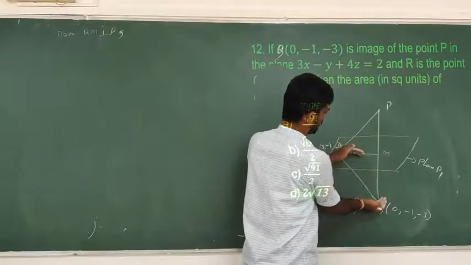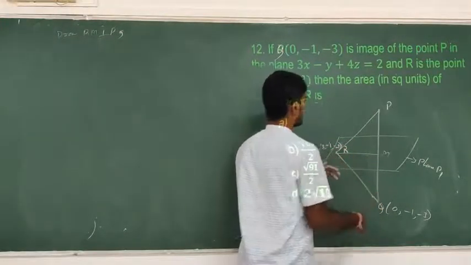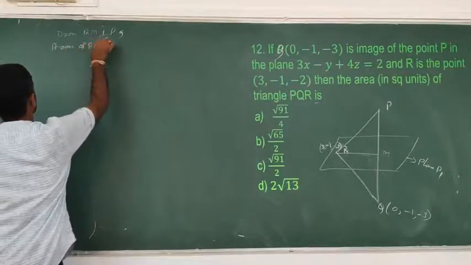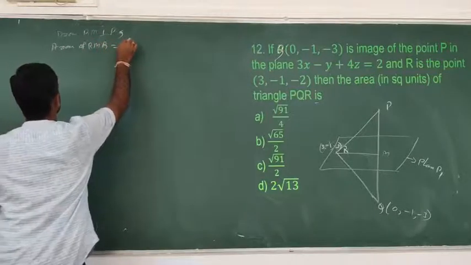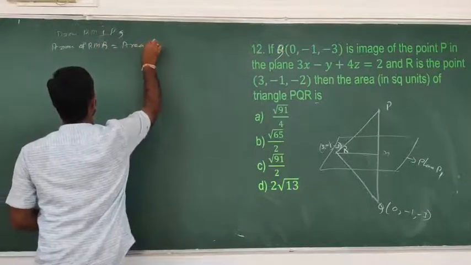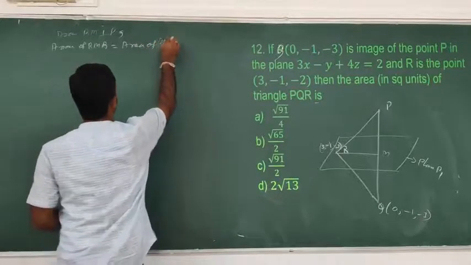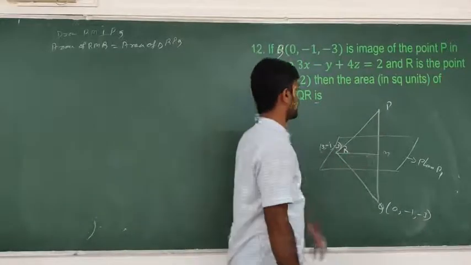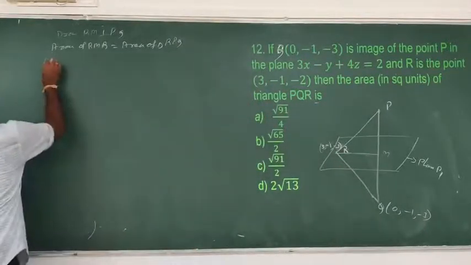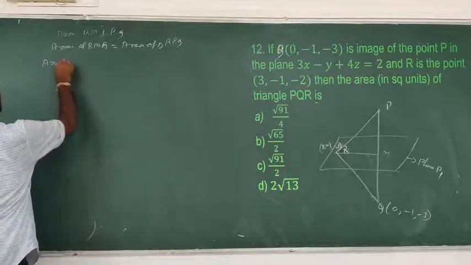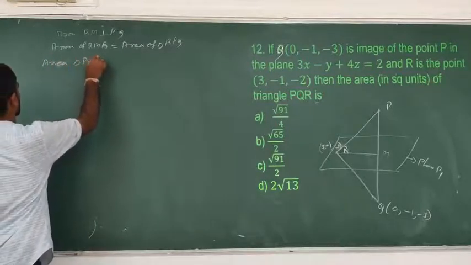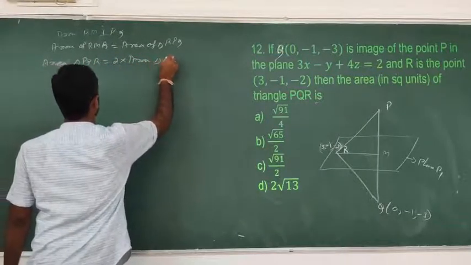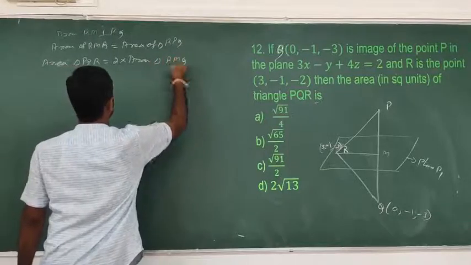Now look here, the area of RMQ. The area of triangle RMQ is equal to the area of triangle RPQ's half. So since those two areas are equal, the area of triangle PQR is equal to 2 into the area of triangle RMQ.